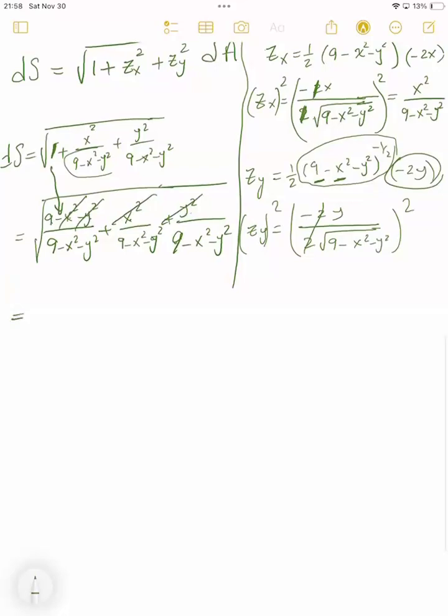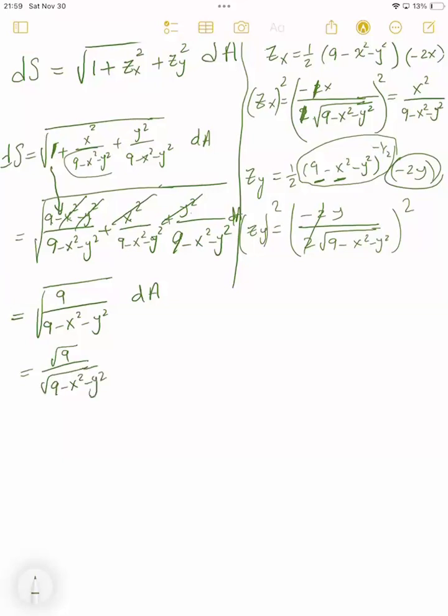So I just get, they all have a dA here. So I have a square root of 9 over 9 minus x squared minus y squared. But then I can also write this as a square root of 9 over a square root of 9 minus x squared minus y squared. But a square root of 9 is 3.